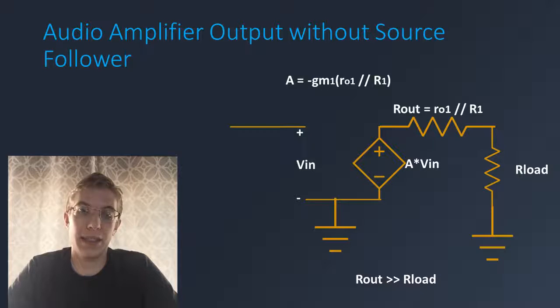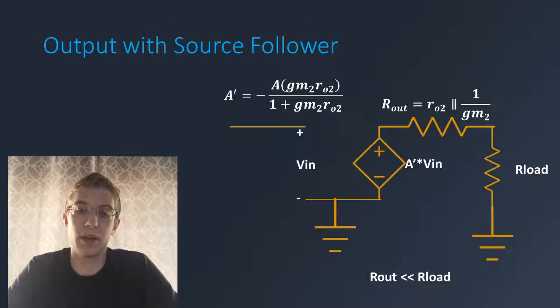Now, with the second transistor attached, a new open loop gain can be calculated as shown, with Rout now RO2 in parallel with 1 over GM2, and because GM2 is a very large number, Rout is a very small number. Simplifying the circuit as before, the schematics look nearly identical.